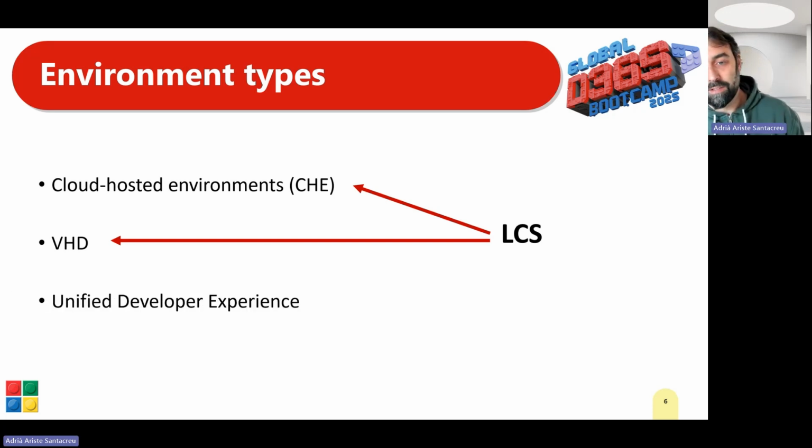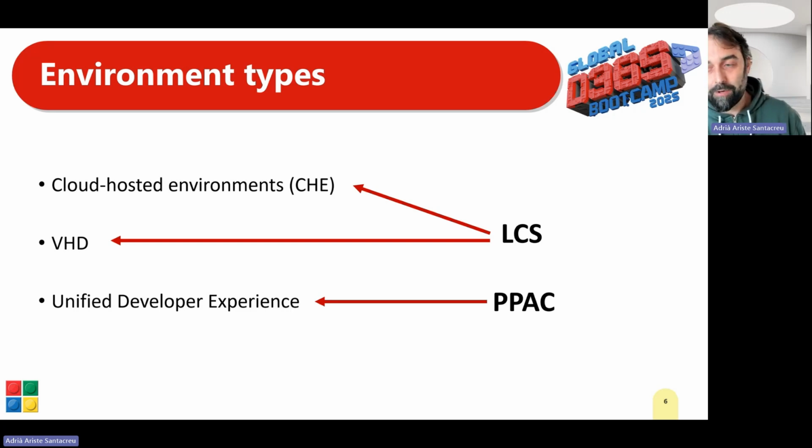And then we have the unified developer experience. The unified developer experience is the newest one, and it allows us to use Visual Studio on our laptop or PC without having to access any virtual machine, and then we deploy the code to a Dataverse environment that has F&O installed in it. A unified developer experience can be found in the PPAC, which is Power Platform Admin Center.